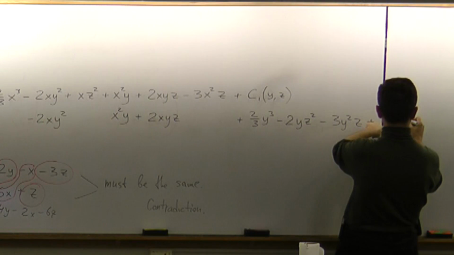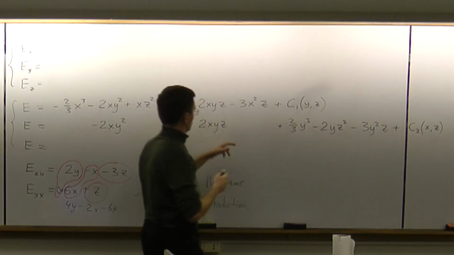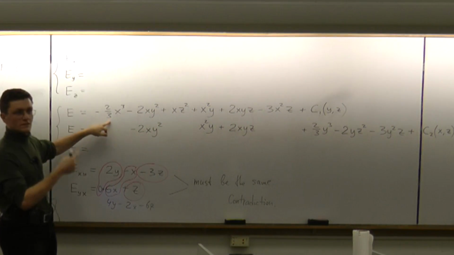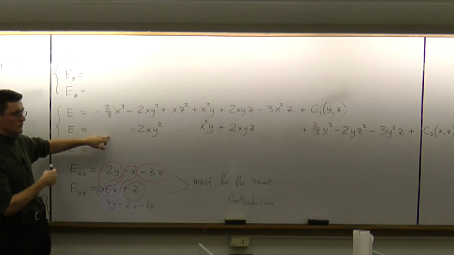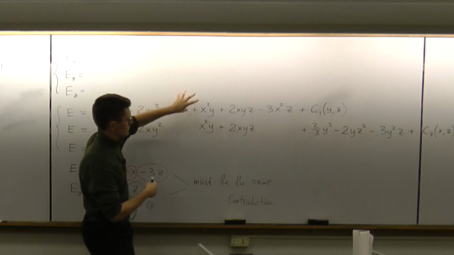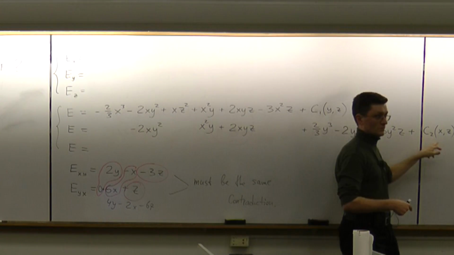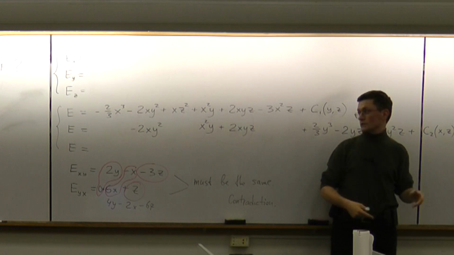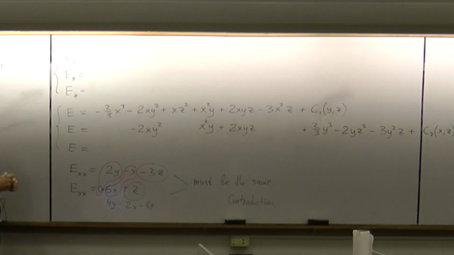The constant here is C2 of x and z. And the question is, are those terms you see in the first equation that have no match in the second? So this term, and that term. Are those three terms hidden or can possibly be hidden there? Yes. Alright, so now we have a match of the first and second equation.